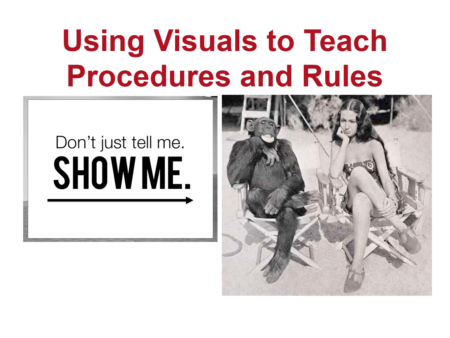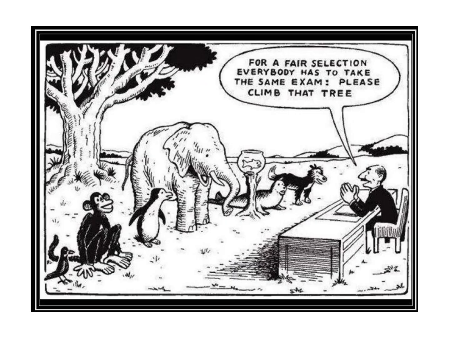Tip number 4 is using visuals to teach procedures and rules. When we use visuals to teach procedures and rules, we're actually creating a climate of greater equity within our schools and our classrooms. When we tend to give nothing but verbal directions, we're actually putting a large number of our students at a disadvantage.